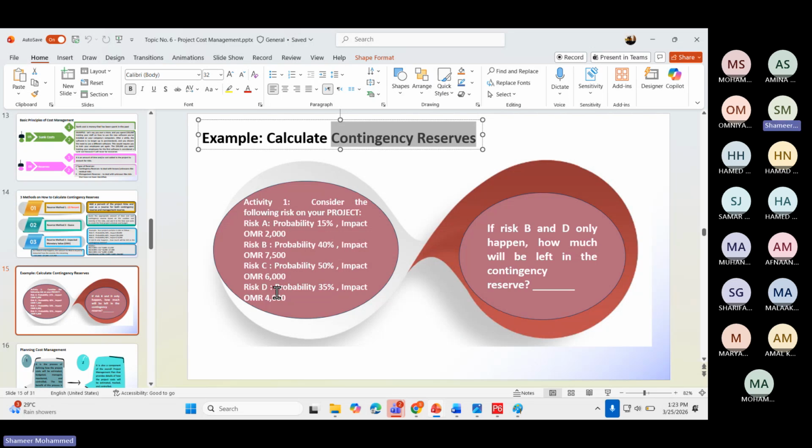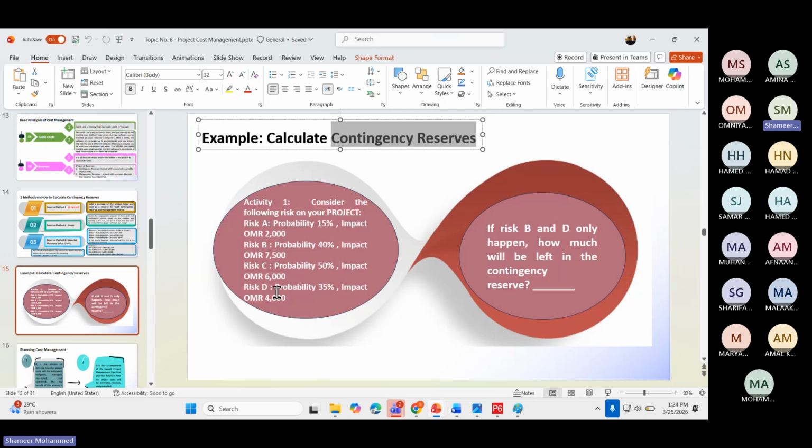Okay. Then for D, how much? 35%, 0.35. 0.35 multiplied by 4,000, so 1,400.